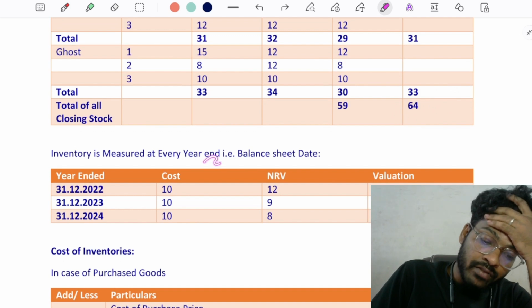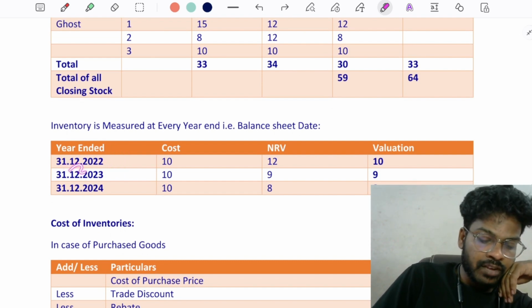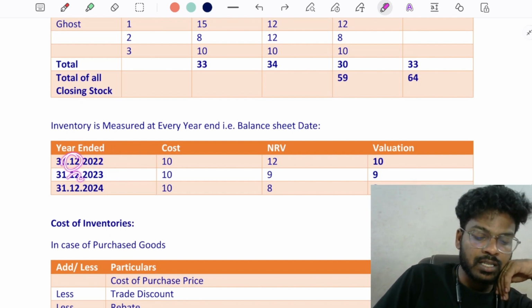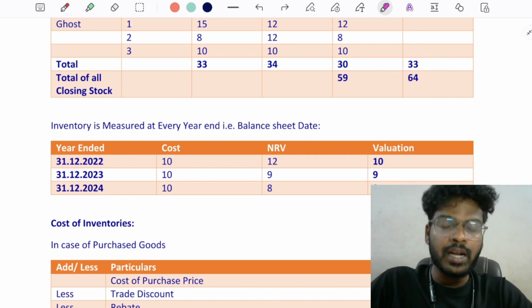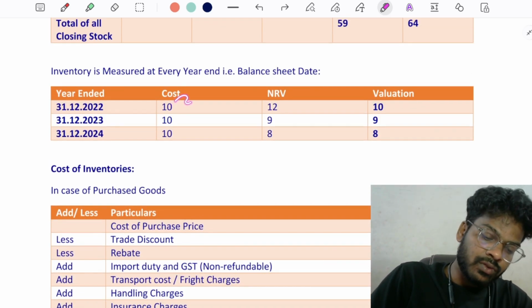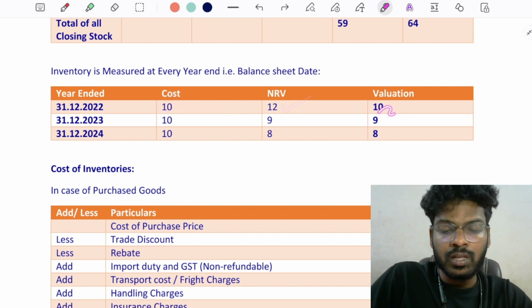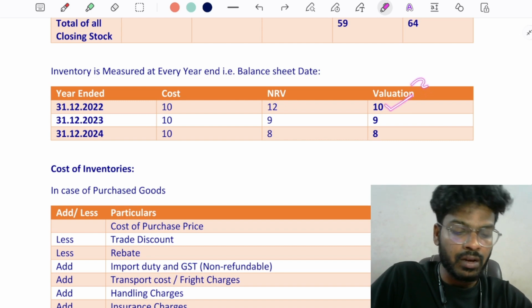Inventory is measured at every year end, that is the balance sheet date. In my example, 31st December 2022 is my reporting date or balance sheet date. So the cost of inventory is 10 crore, the NRV is 12 crore, the lower is cost, 10 crore.